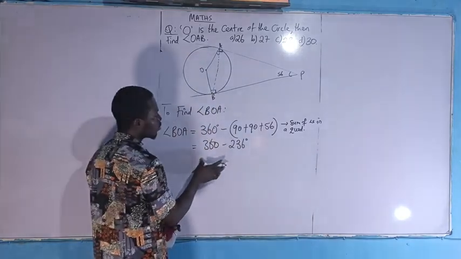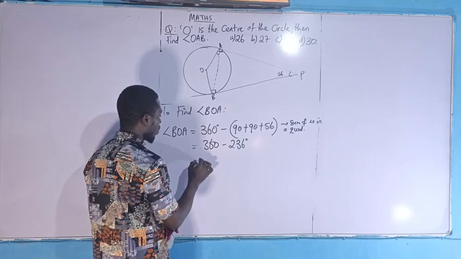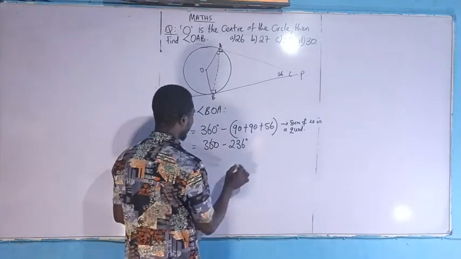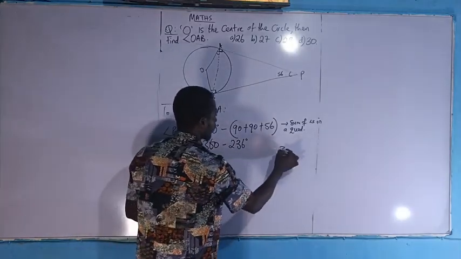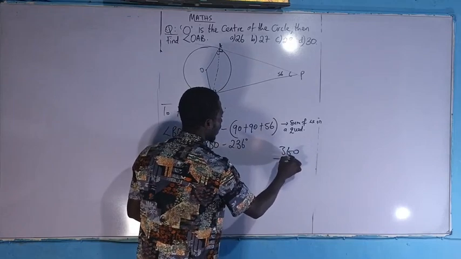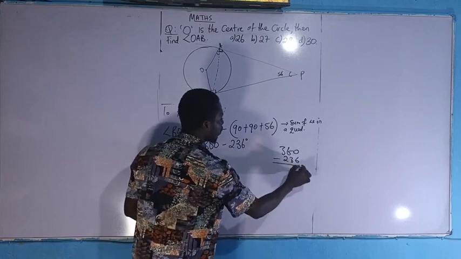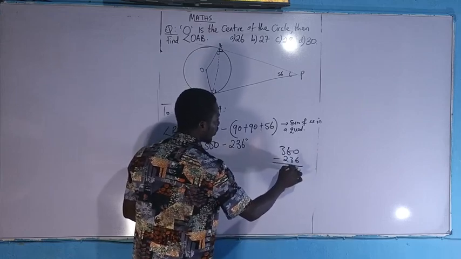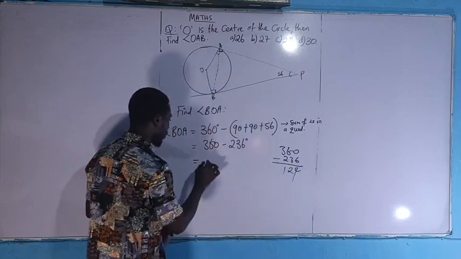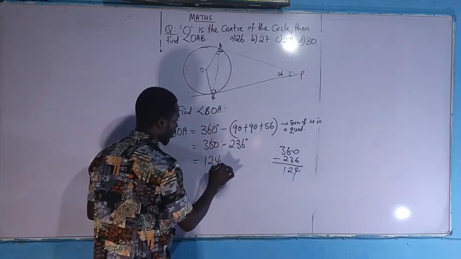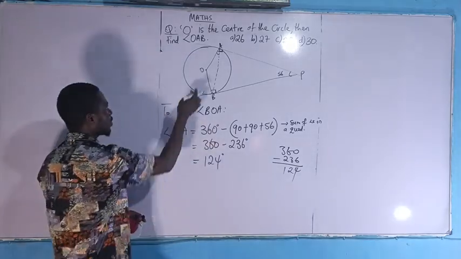So we're going to subtract 236 degrees from 360. When we do that, 360 minus 236, we have 4, bringing down 2, 124 degrees. So we have 124 degrees, which is this angle.